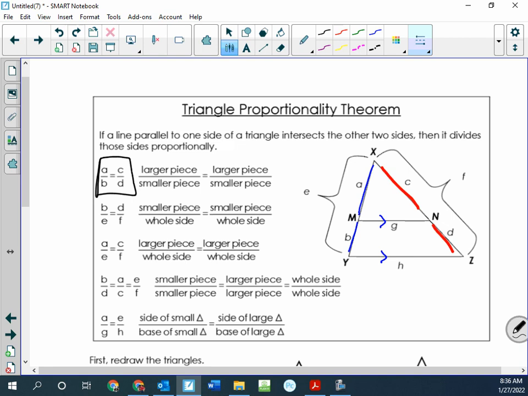But we can basically just turn that into a fraction and make it A over B equals C. And we can also do E over A. What would match up with E over A?